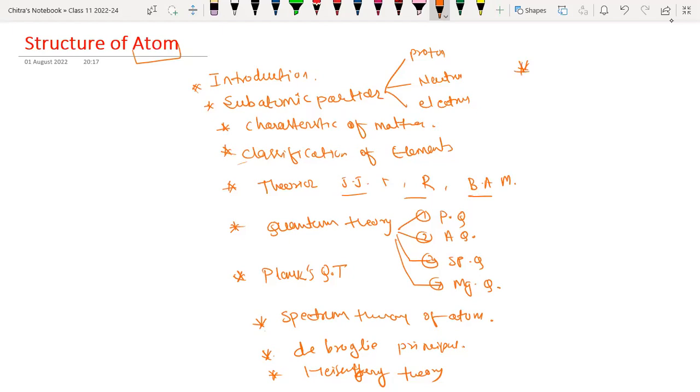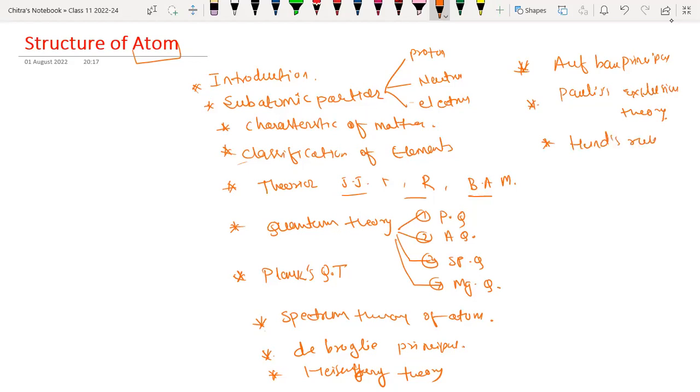In atoms we write the electronic configuration on the basis of the Aufbau principle. Then we have Pauli's exclusion principle and Hund's rule.